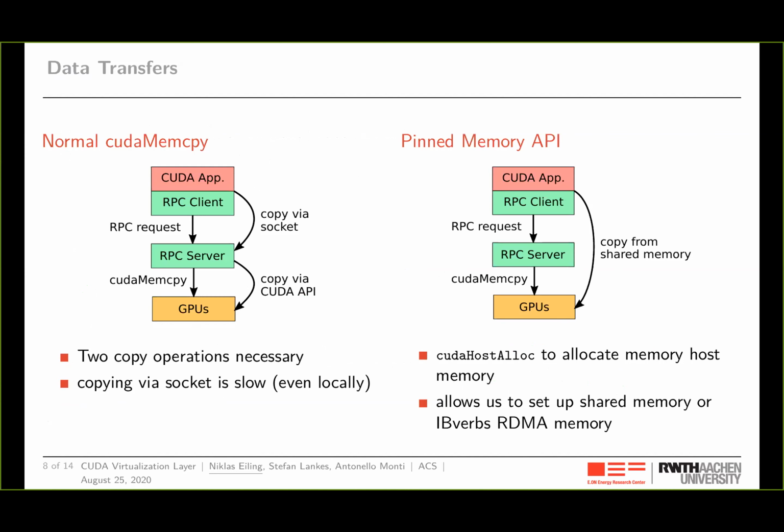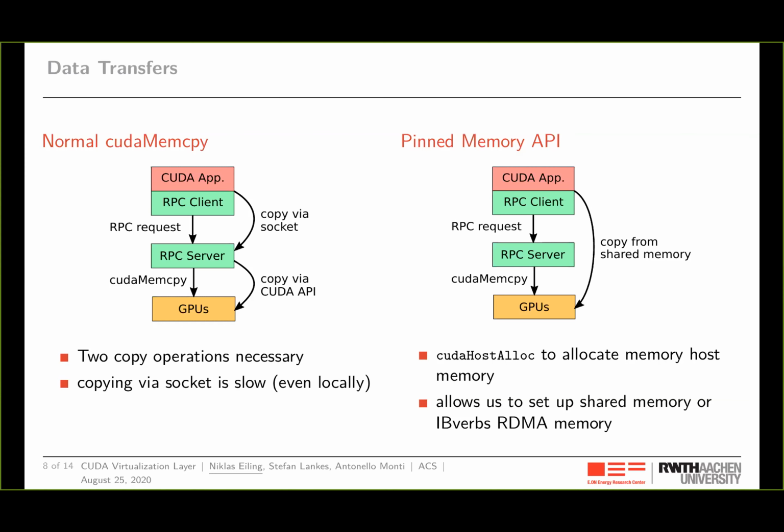So for normal CUDA memcopy operations, before we can transfer the memory to the GPU, we need to first transfer it from the CUDA application to the RPC server. So we copy this also via a socket. And then from the RPC server, we can call the usual CUDA memcopy call and copy it to the GPU. As we can see, these are now 2 copy operations instead of only 1. So copying is definitely slower than without the virtualization layer.